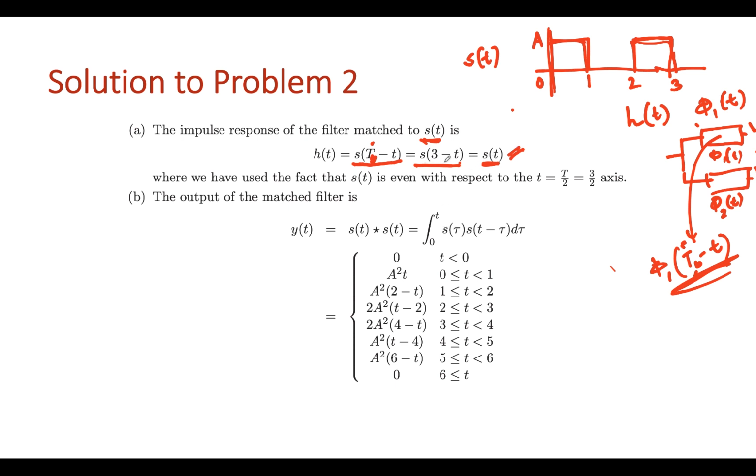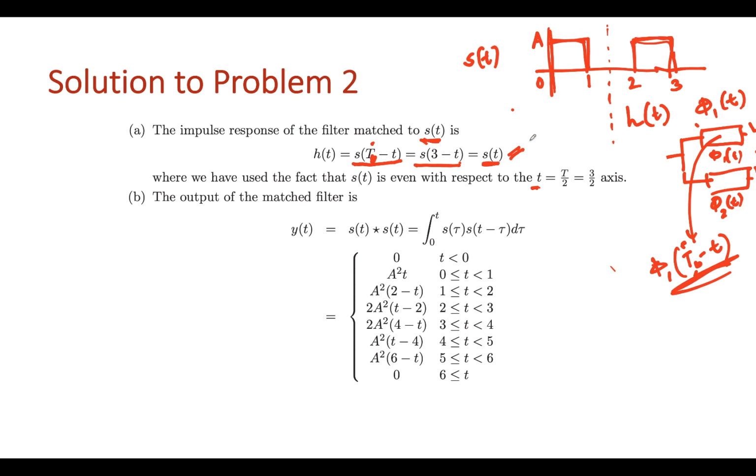The reason s of 3 minus t equals st is because st is even with respect to the t equal to capital T by 2, that is the 3 by 2 axis. If this is the 3 by 2 axis, then this is symmetrical and even with respect to this.